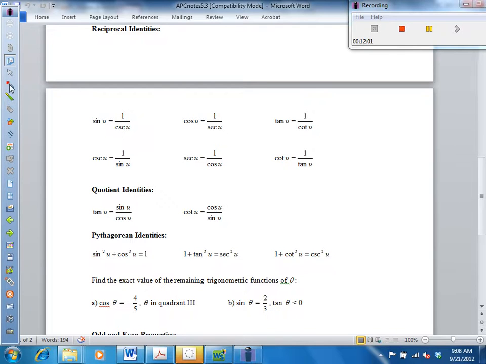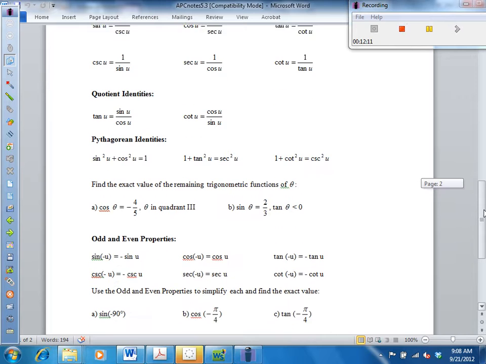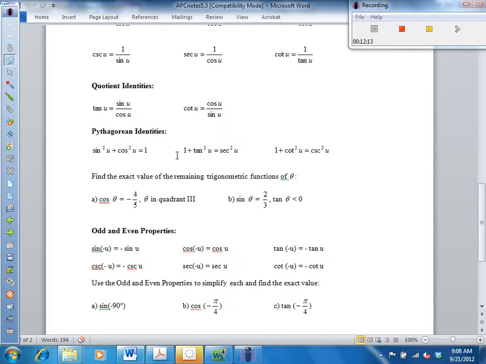And we use those a lot when we get to the identities section, and we'll have some problems based on these. And then we have these things called the Pythagorean identities. Sine squared plus cosine squared equals 1. That's just coming out of the unit circle, right? Because if the radius is 1, then x squared plus y squared equals 1.